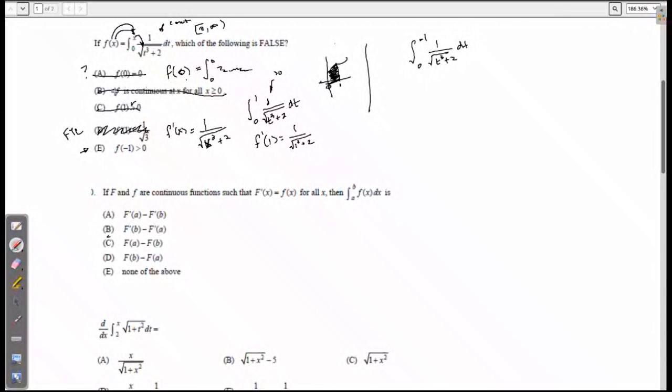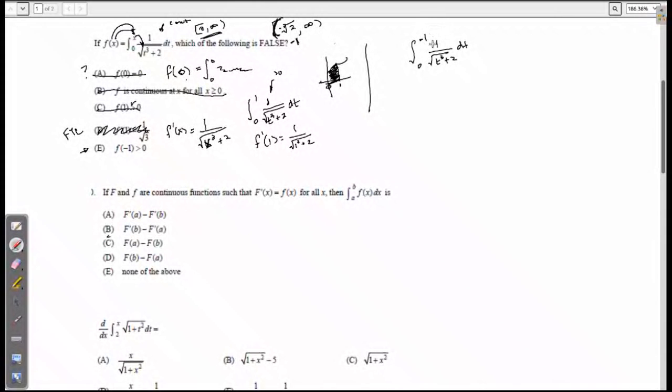And when we were talking about being continuous for all reals from 0 to infinity, in fact, it's going to be continuous on the domain as long as my denominator is not zero. In other words, from negative cube root of 2 to infinity, which does include negative 1.